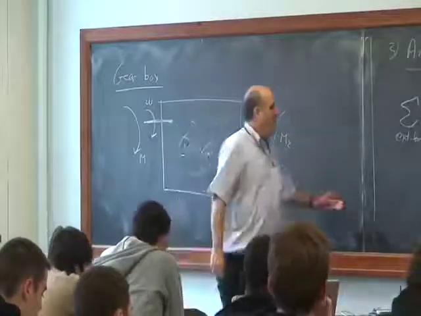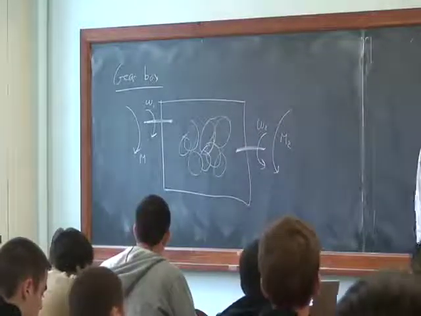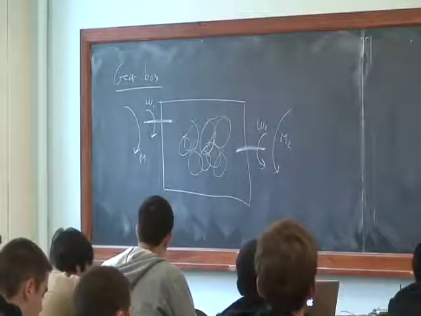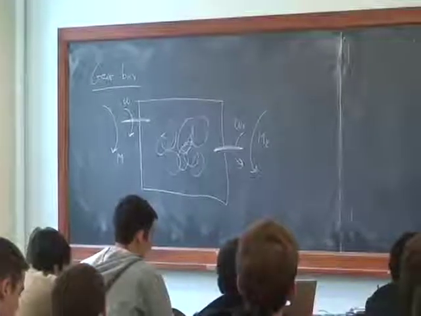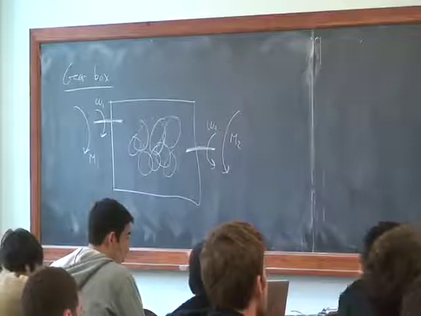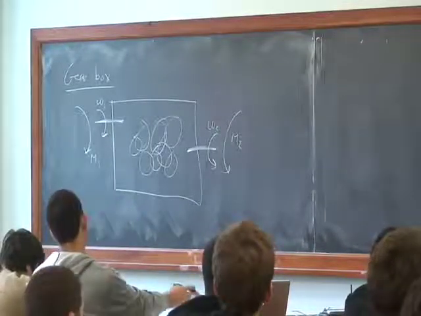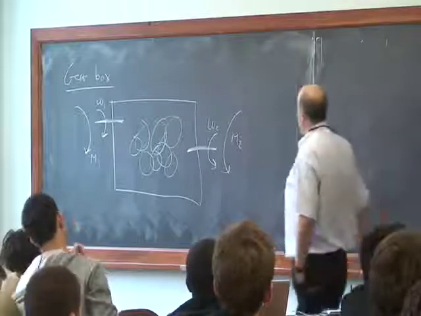And what you see is that power is force times velocity, but torque is radius times force, and velocity is radius times angular velocity. So we can re-express that by saying power is torque times angular velocity.